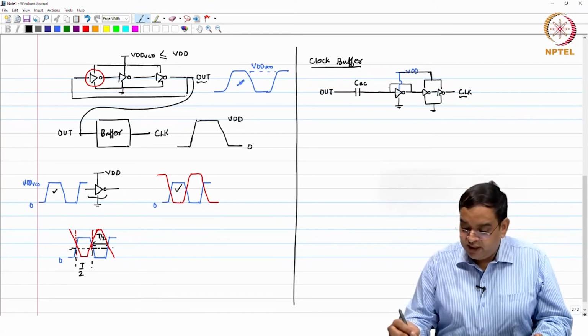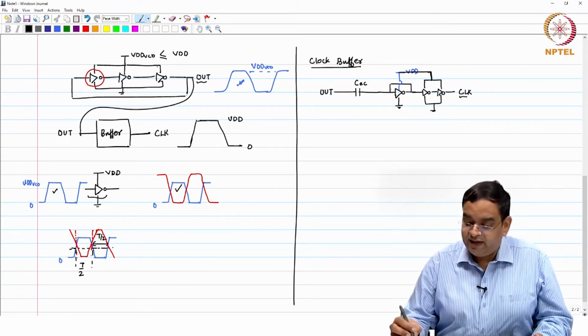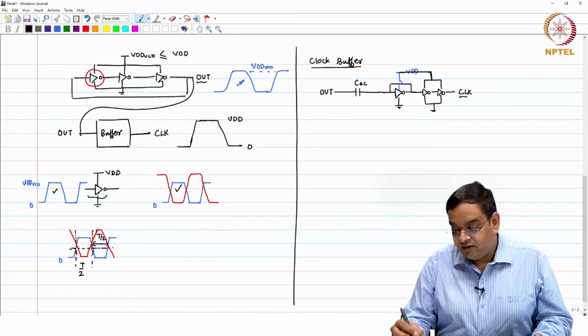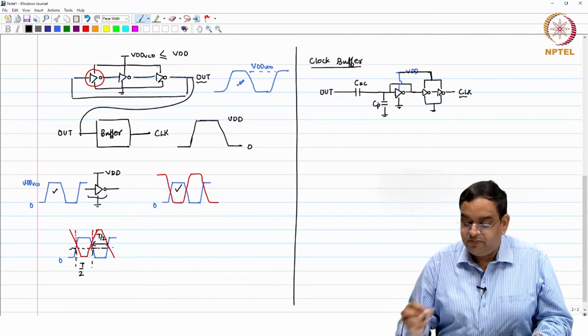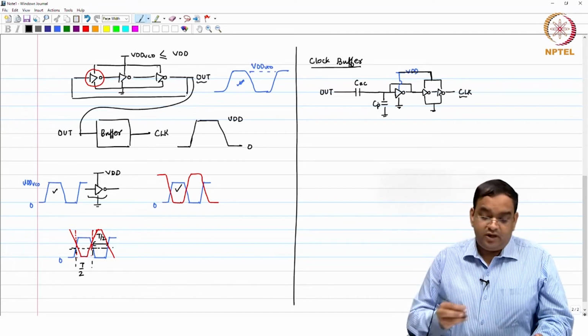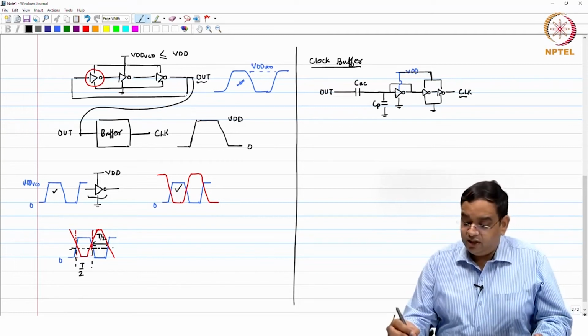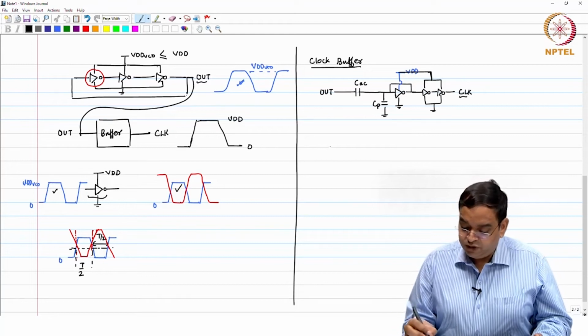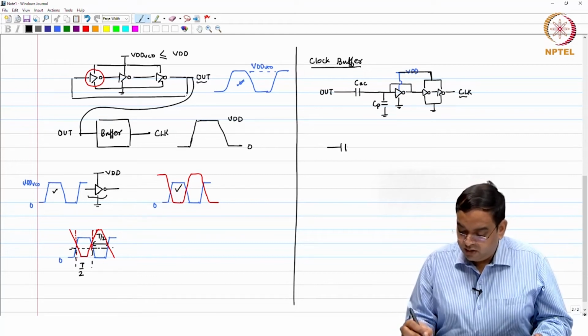When you connect the inverter back to back like this, there will be capacitance at this node also. Let me call that Cp. So, when you have an inverter which is connected back to back, what you are doing is the following. Cp is just a model of the cap which I have.